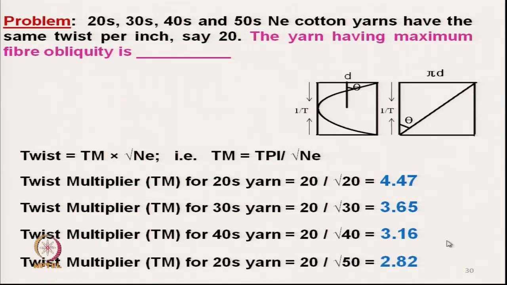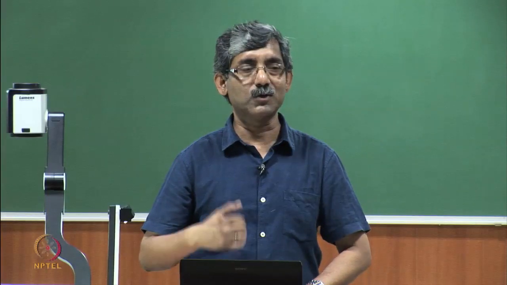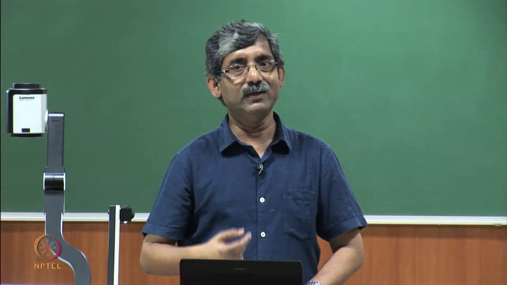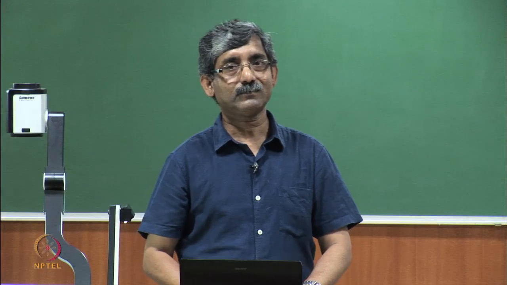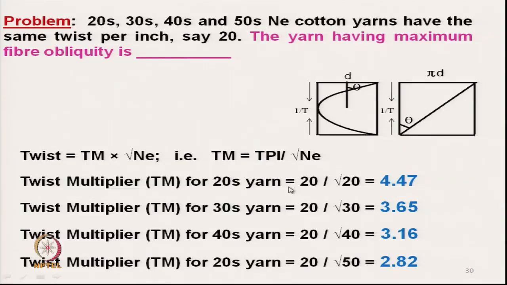That means if we impart the same twist to a coarser yarn, it will give a higher twist multiplier. As the yarn becomes coarser, for the same twist level, the twist angle will be more.